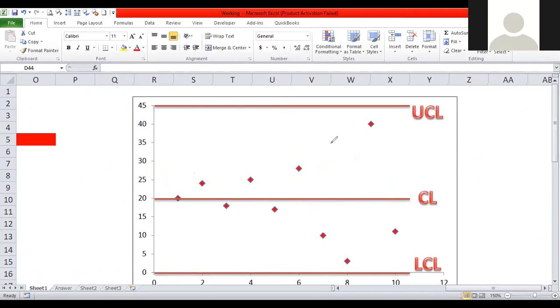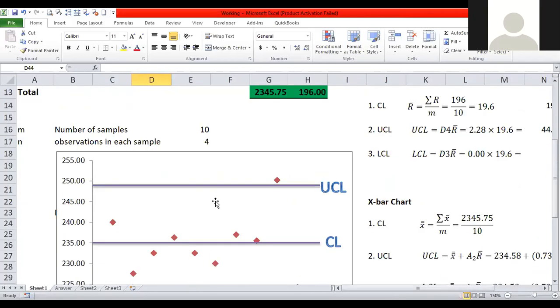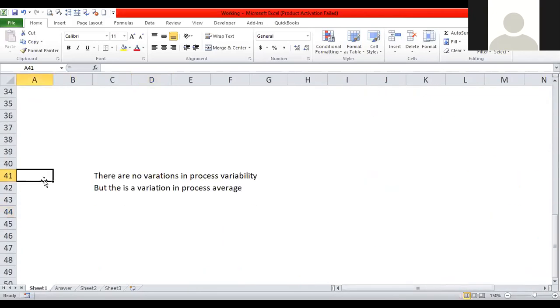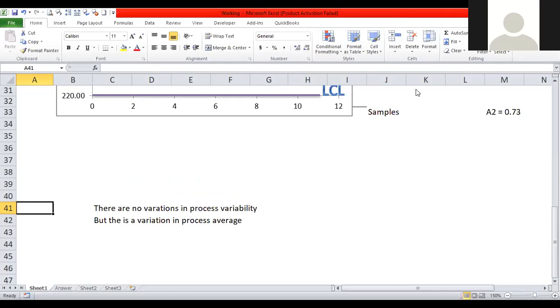The variation is under control, but for the average there's a problem. That is what we studied, and it is recommended to test the R chart first, and then to test the X bar chart. So I hope now you have understood everything.